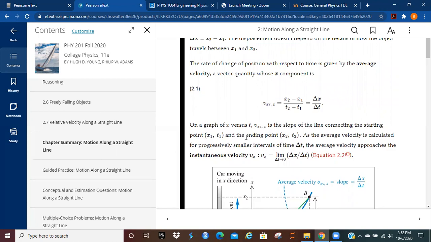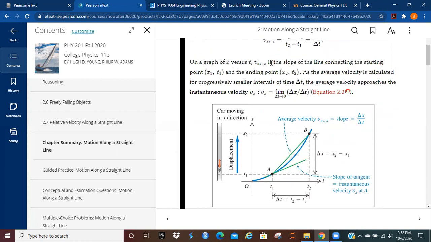So on that graph, the v average is going to be represented with this. It's going to be the slope of the line connecting this point to that point. As the average velocity is calculated for progressively smaller intervals of the change in time, the average velocity approaches the instantaneous velocity, which, if you've had calculus, is going to be the limit as delta t approaches 0 of delta x divided by delta t.